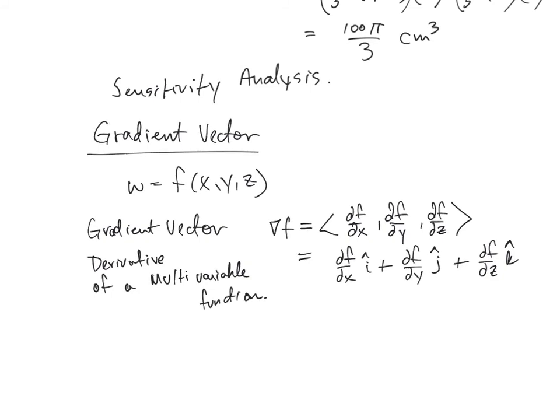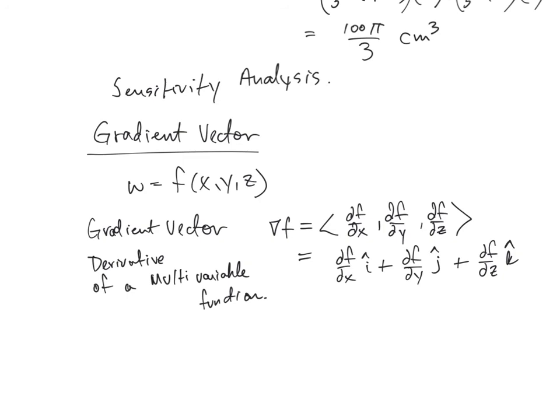If I have z equal to a function of x and y, my gradient vector will be a two-dimensional vector, with the first component being the partial derivative with respect to x and the second being the partial derivative with respect to y. If I have a function of x, y, and z like here, then I get a three-dimensional gradient vector because there are three partial derivatives with respect to x, y, and z.